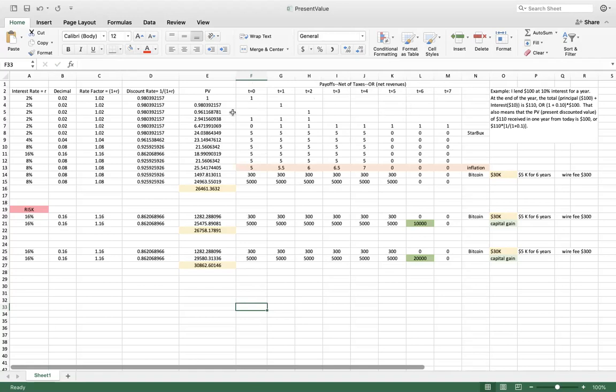So going back up here, you can see the present value of a dollar received immediately is $1. That's no problem. If I'm promised $1 a year from now, then again, you can see I calculated the discount rate for just 1 year here, it's only worth 98 cents today. $1 received 2 years from today, notice I did the discount factor and multiplied it by itself again, because the interest rate applies to every year.